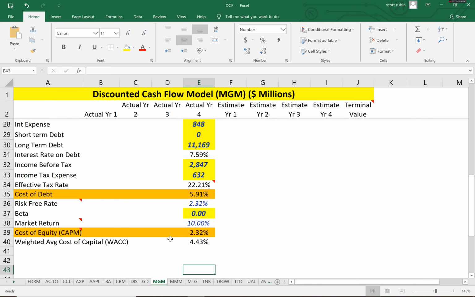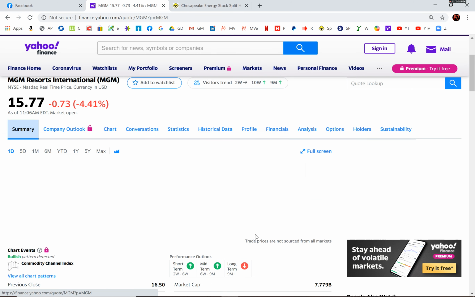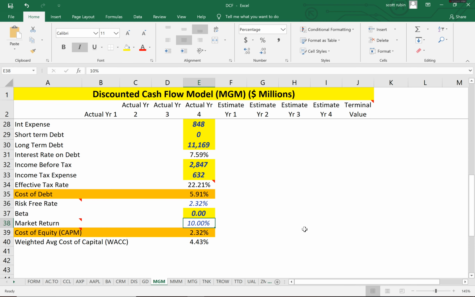And equity is generally much more expensive than debt. So to figure out the equity, we use a CAPM, capital asset pricing model, and we need that beta. They have a high beta, 2.23. It's a pretty volatile stock. So it moves 2.2 times the market. So their CAPM is 19.45%.